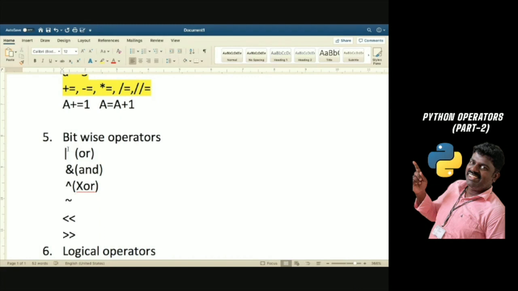The pipe symbol is used for OR, and this negation symbol is used for complement.